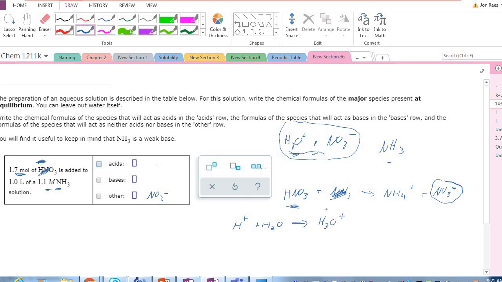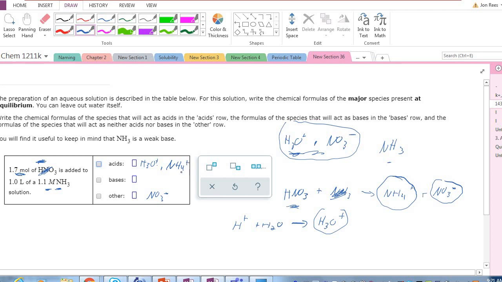When I look at everything, do I see any other reactions going on? I don't. So what am I left with? I'm left with H3O plus right here, so that's an acid for sure. But notice how I also have in here this weak conjugate acid, NH4 plus.